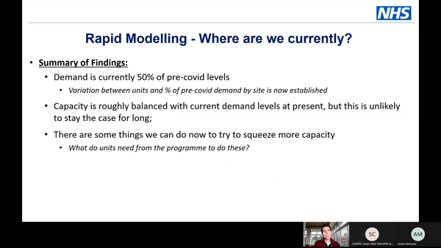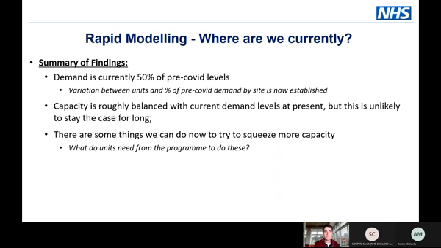So a quick summary of that: we found that our demand was 50% of pre-COVID levels, but there is variation between the units on that. We know that capacity at this moment is roughly balanced with current demand, but that's not likely to stay the case for very long. And we also know that there are some things we can do now, or explore now, to squeeze more capacity.